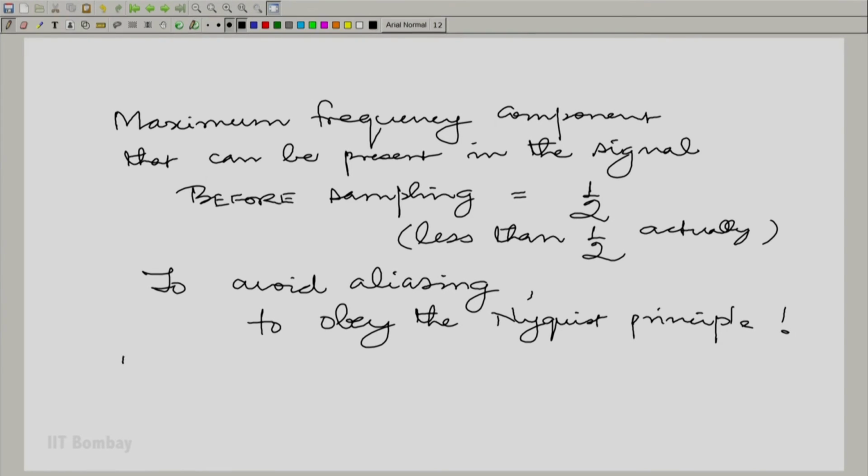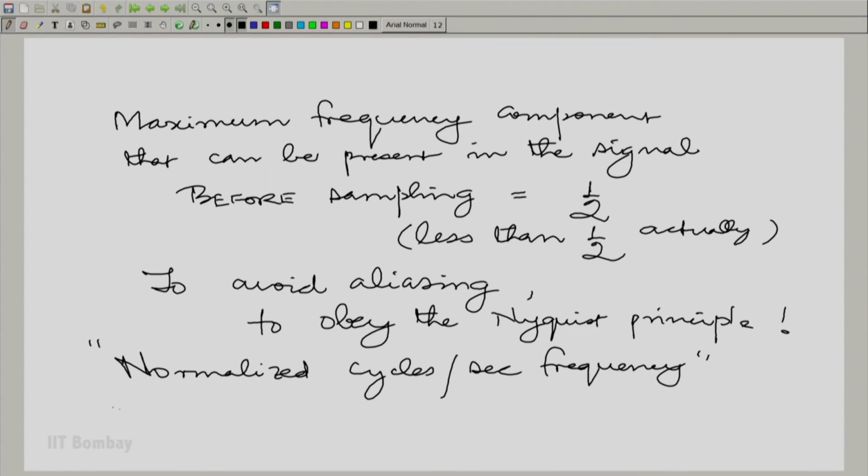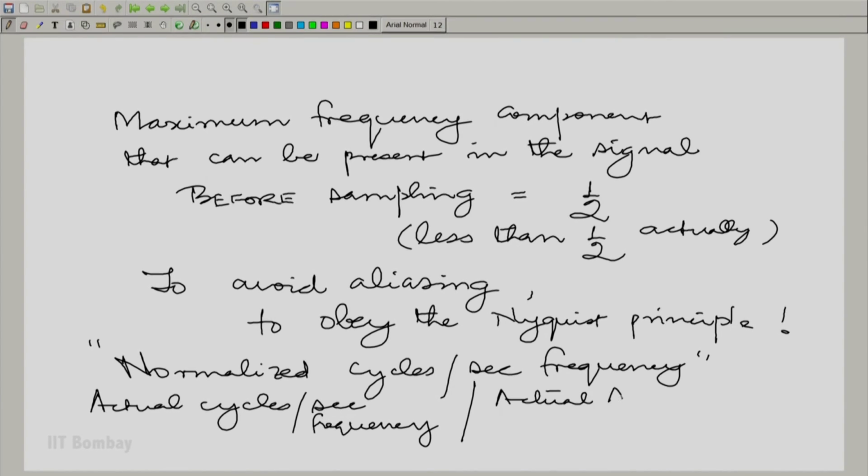Now, this is what is called the normalized cycles per second frequency, or it is the actual cycles per second frequency divided by the actual sampling frequency. So, it is called normalized to the sampling frequency.